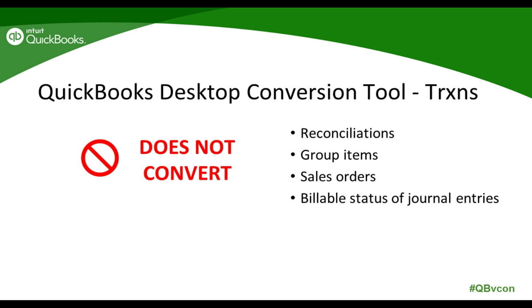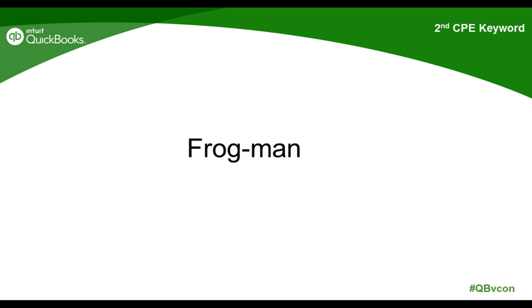Sales orders do not convert to QuickBooks Online. We do not have sales orders in QuickBooks Online, but you could use a third-party app such as Transaction Pro Importer to pull sales orders in as estimates if that works for your situation. And finally, again, the billable status of journal entries does not convert.